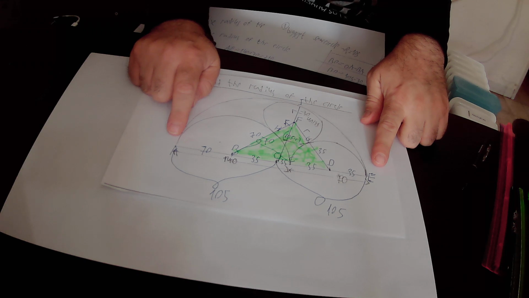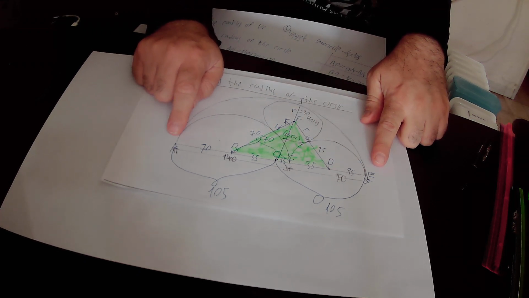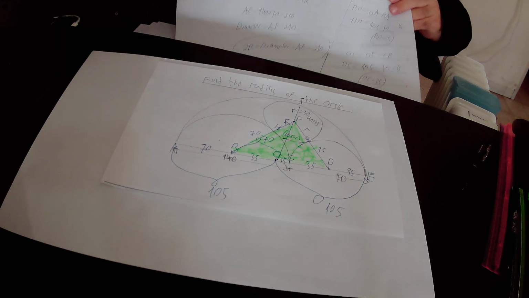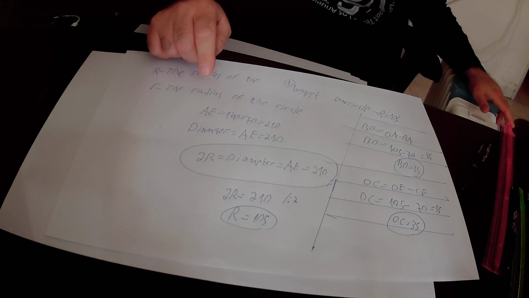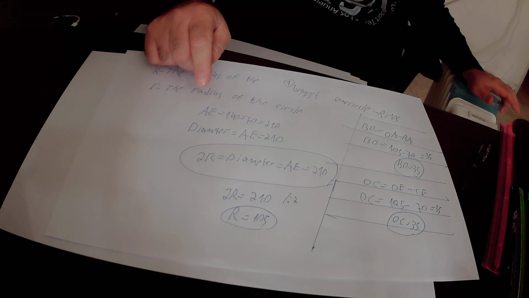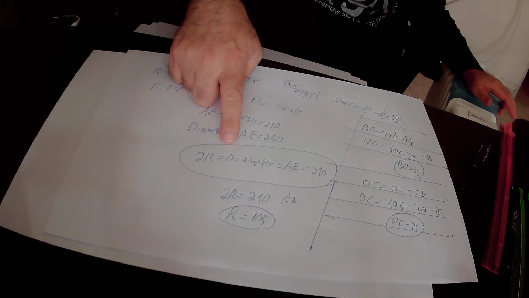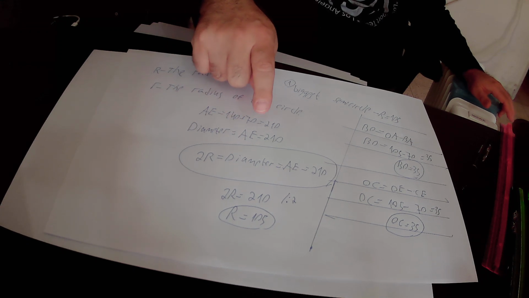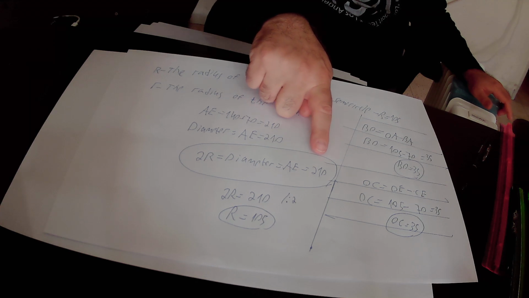So the diameter is 2 times capital R, and the diameter is actually AE, which we already found out is 210 units.